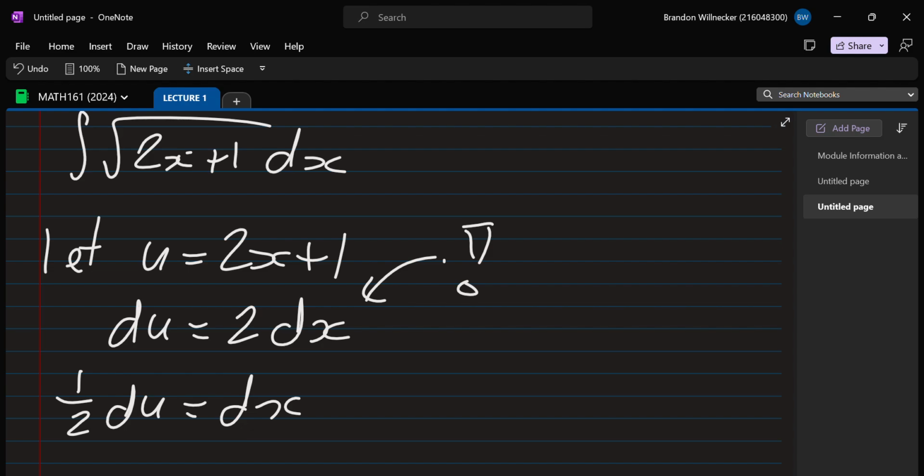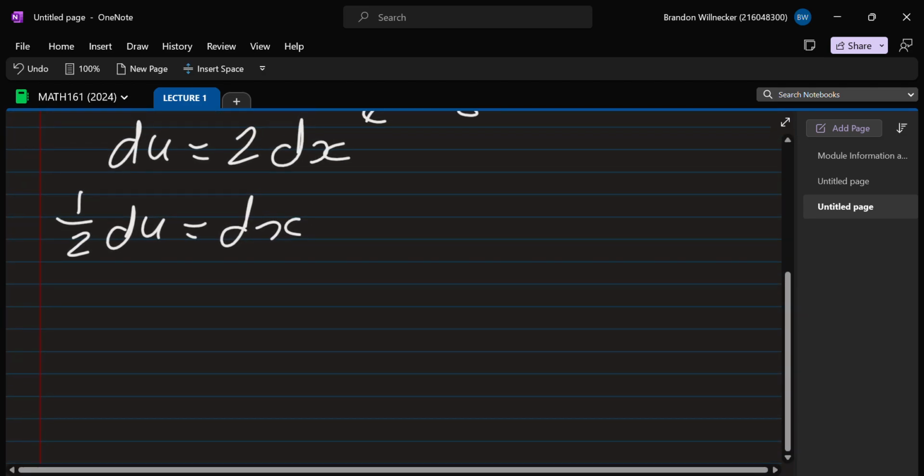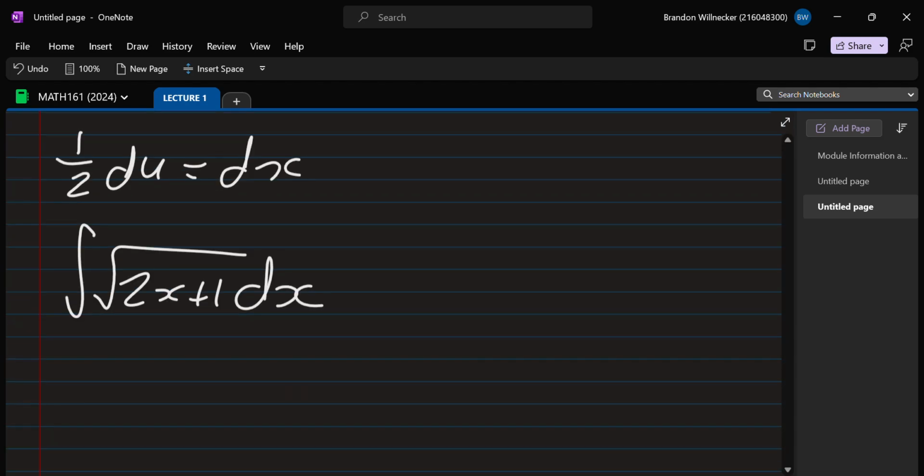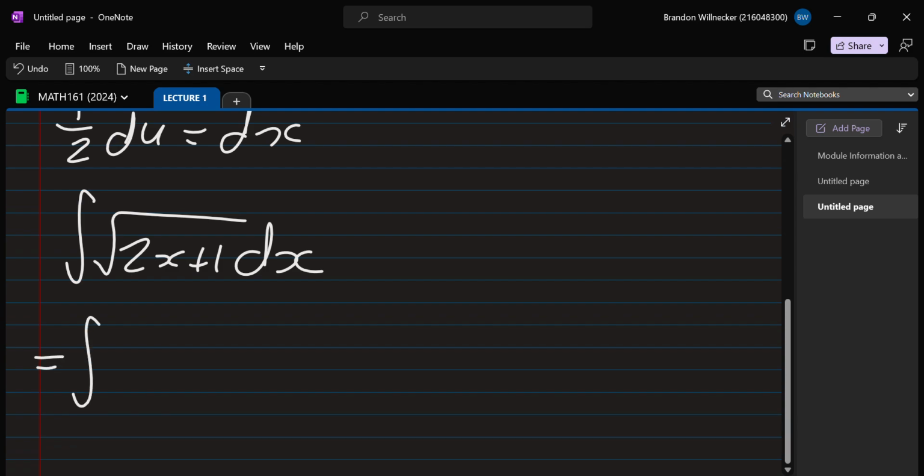If that top bit there was 2 dx, then we could just make the replacement as is. But since it's just dx, we need to find dx. Okay, which is 1/2 du. Okay, so same thing as before, let's do the replacements. So the root of everything inside now just becomes the root of u.